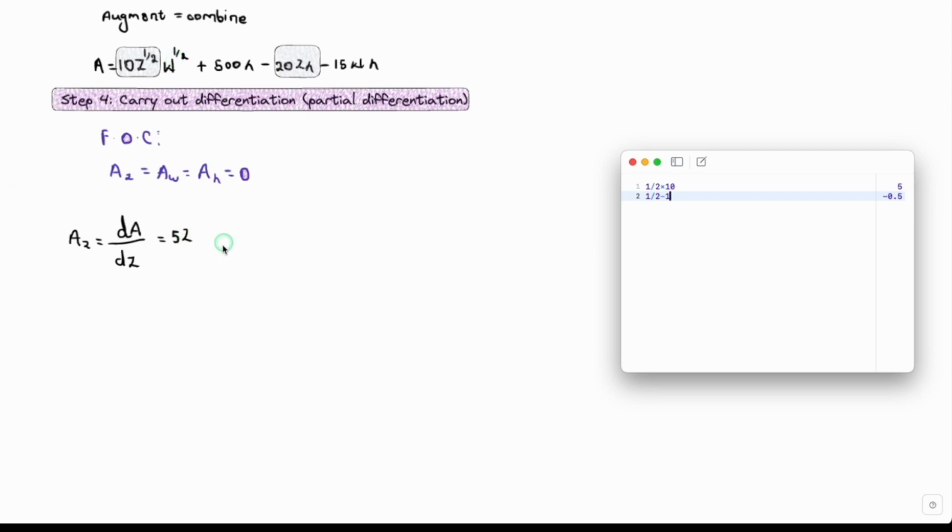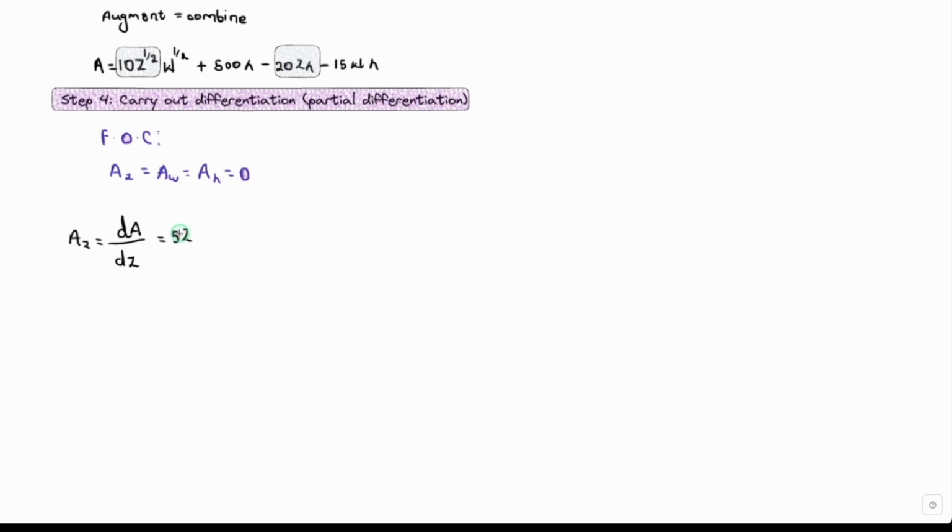I'll write my solution in fractions, so 5z to power negative a half. Next, I'll move to the w. When you're differentiating a function that's been multiplied by another unknown, the unknown that accompanies it remains the same. So the w remains with a positive a half.